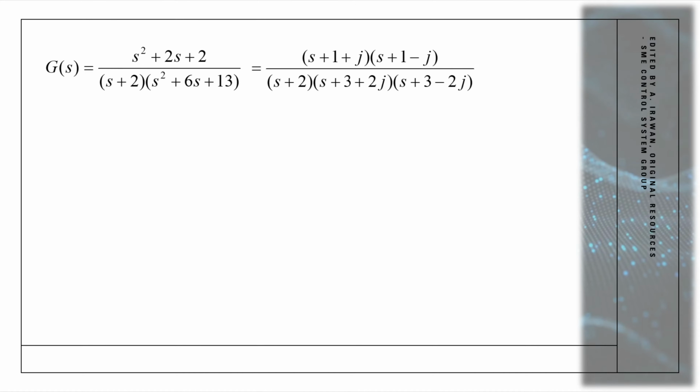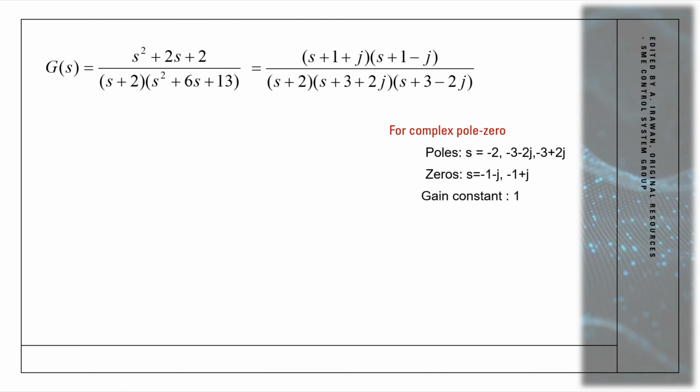Now let's say we have a longer equation in the S domain. For this case, we cannot simplify the equation, but we can separate it into imaginary values. Here we have imaginary coordinates in both poles and zeros: two imaginary values for the poles, and the same for the zeros.